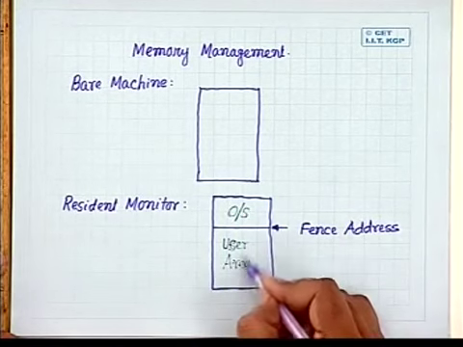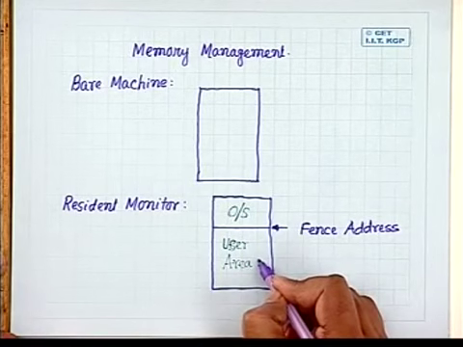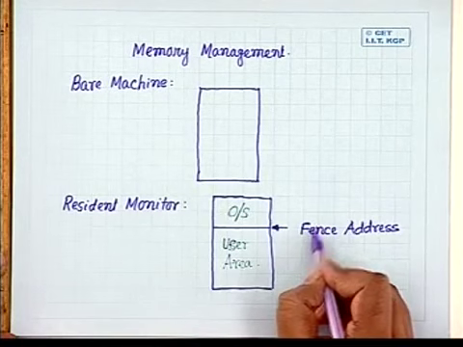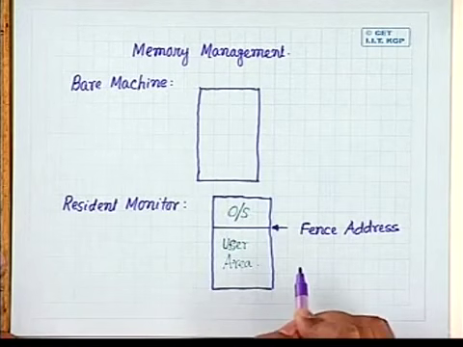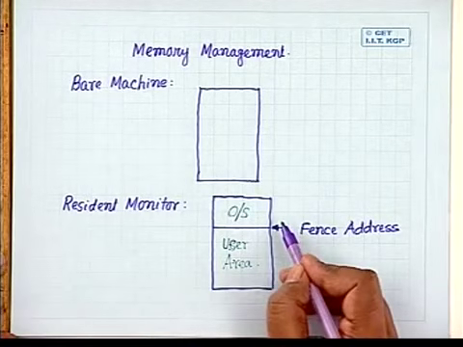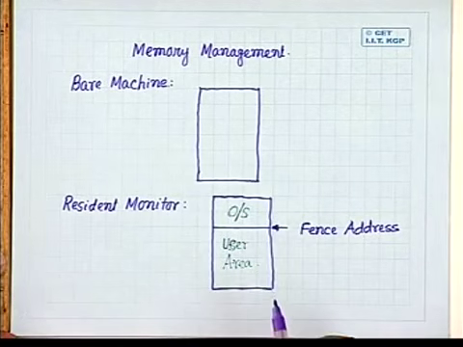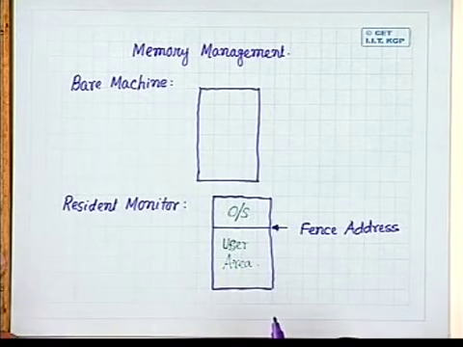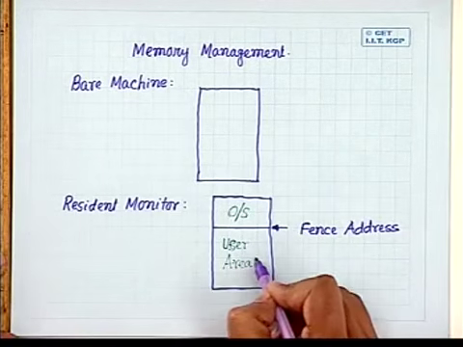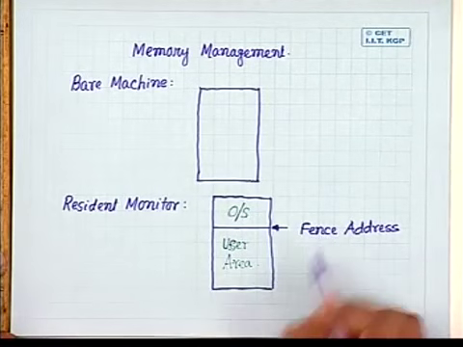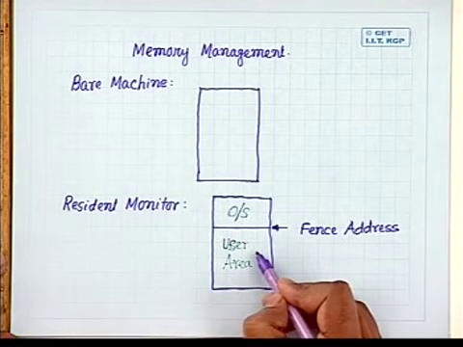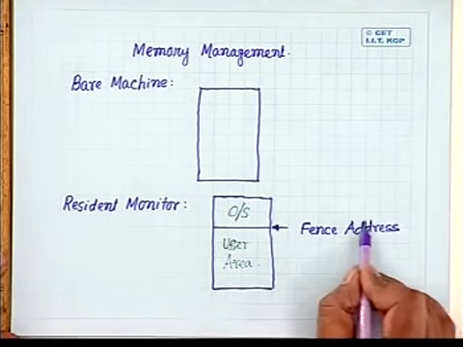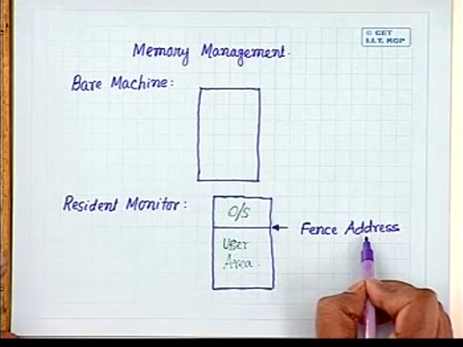So whenever the address generated by the CPU during execution of the user program is less than the fence address, there will be an interrupt saying that the user is trying to access an area which is not permitted. Following that interrupt, the user program has to be terminated. However, if the address is greater than or equal to the fence address, then it is a valid address and the user program can continue. So I always have to have a check with this fence address.